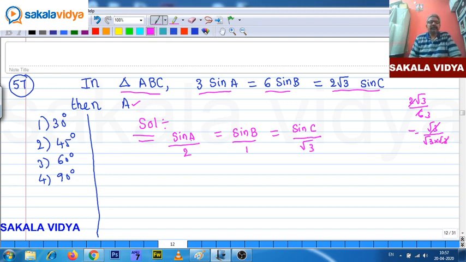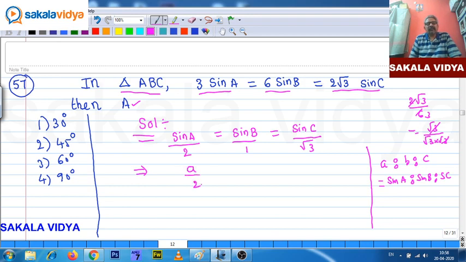So sin A by 2 equals sin B by 1 equals sin C by root 3. Given that a by sin A, b by sin B, c by sin C are equal, the ratio a is to b is to c is the same as sin A is to sin B is to sin C. So in place of sin A you can write a.